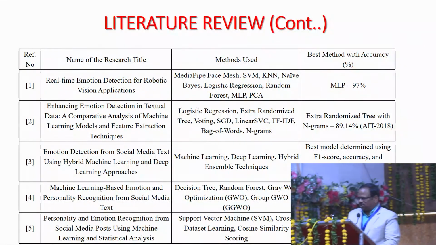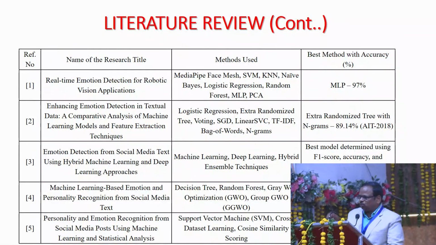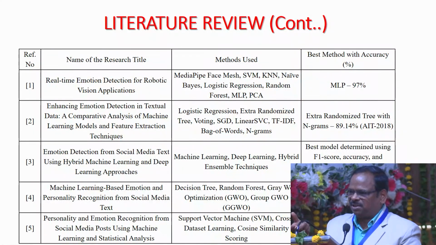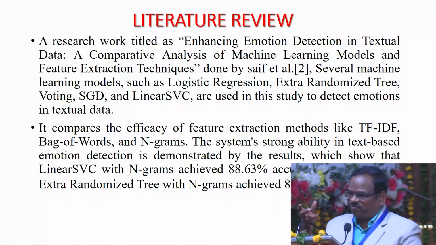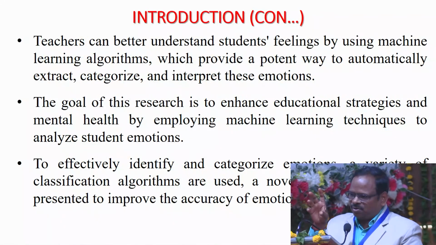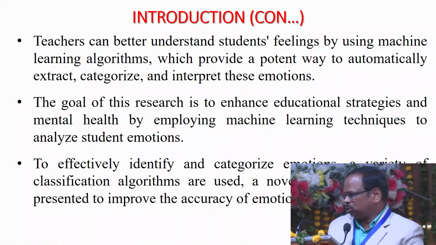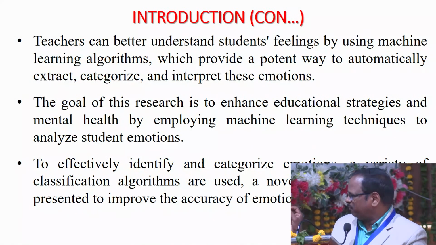Such thematic pictures are shown to the students, and then we get feedback from the students. From the feedback, we can predict the students' mind and emotions. This is the main goal of this entire research work.